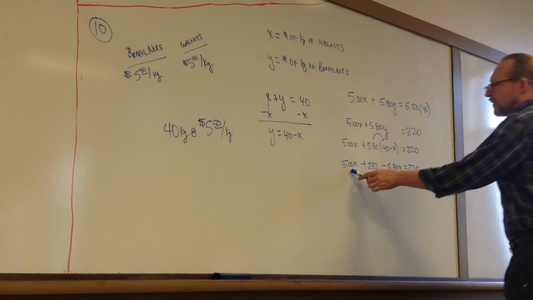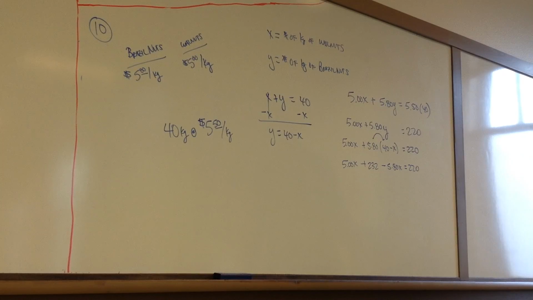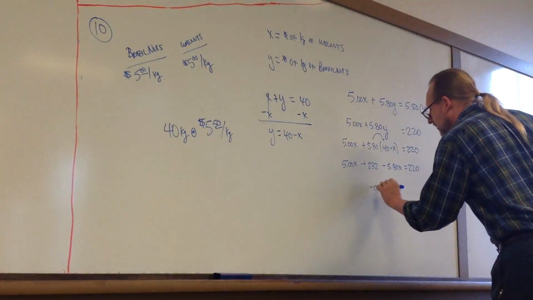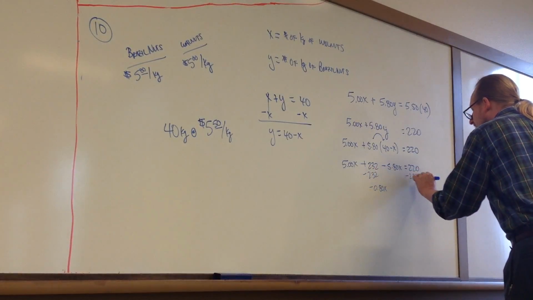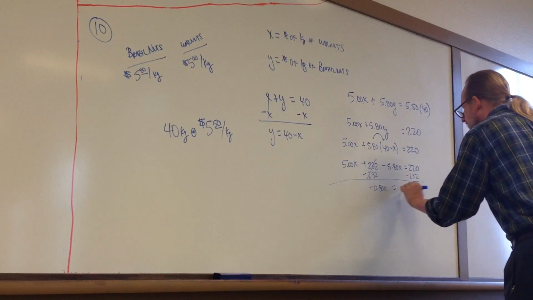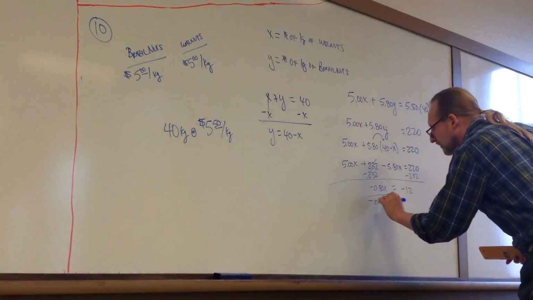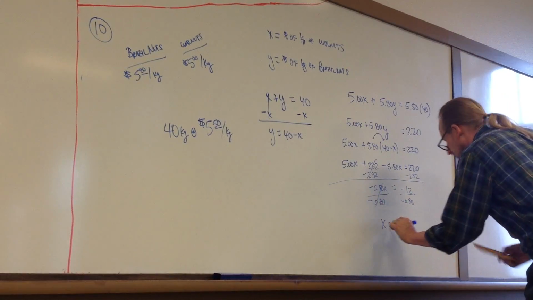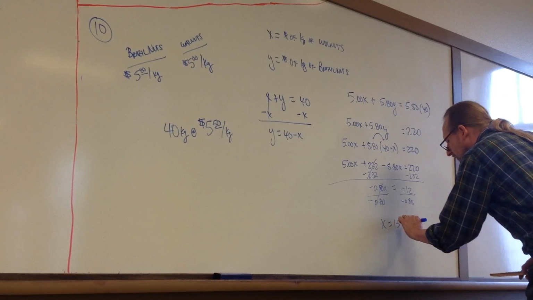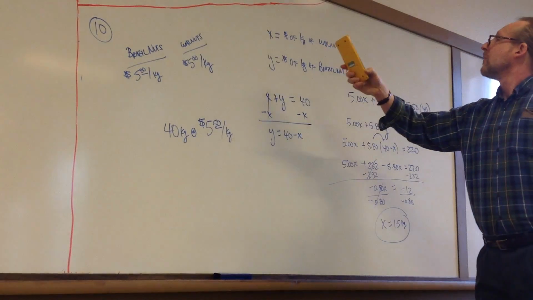Okay, so again, when we do these like terms here, 5x minus 5.80x, we're going to end up here with negative 0.80x, and that's okay because when we subtract that 232 over to the other side, we're going to end up with negative 12, and then when we go ahead and do the division here, divide on both sides by negative 0.80, x is going to be 15 kilograms for the walnuts.